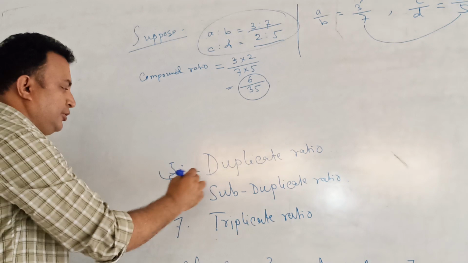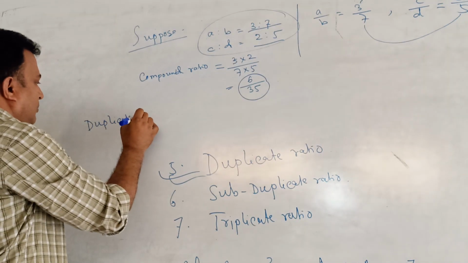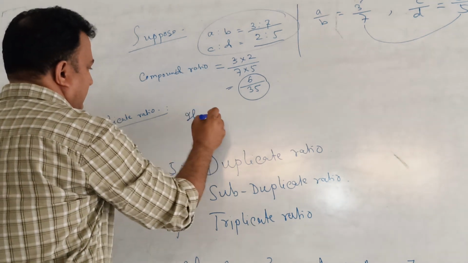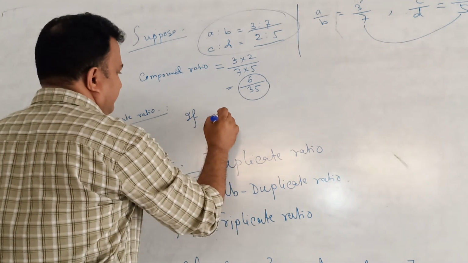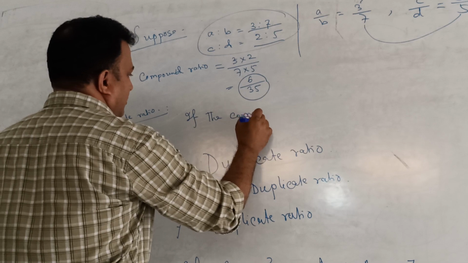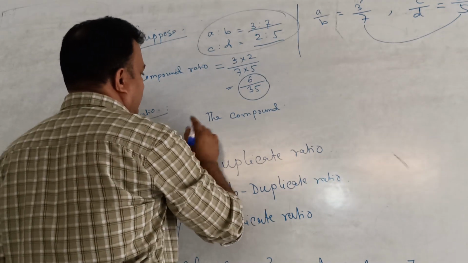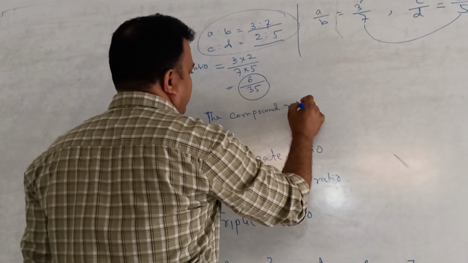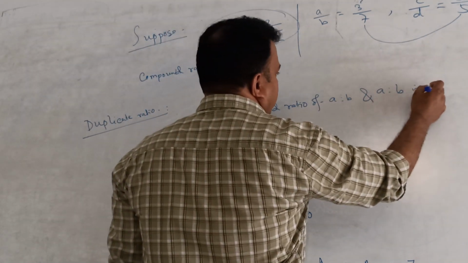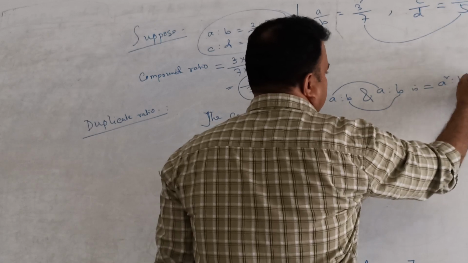Now let us define what is duplicate ratio. Duplicate ratio, if the compound ratio of A is to B and A is to B is equal to, multiply these two terms and these two terms, A square is to B square.